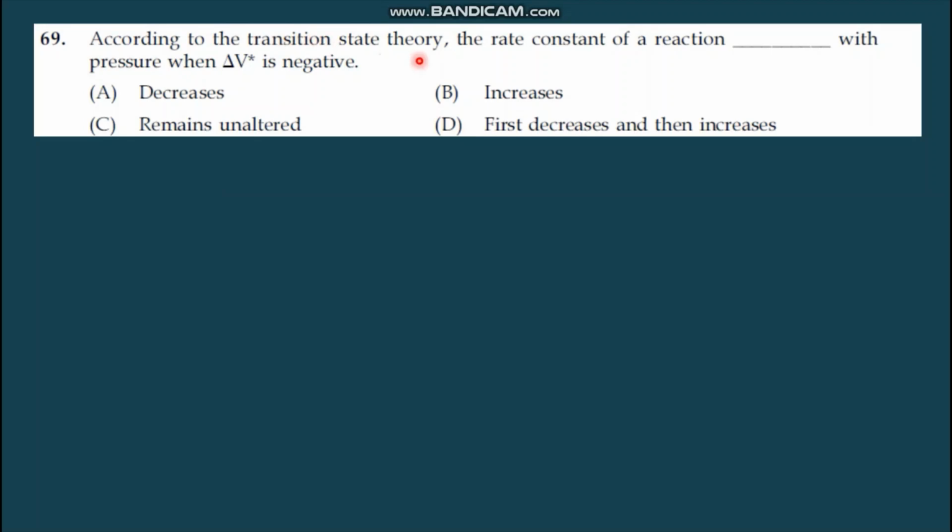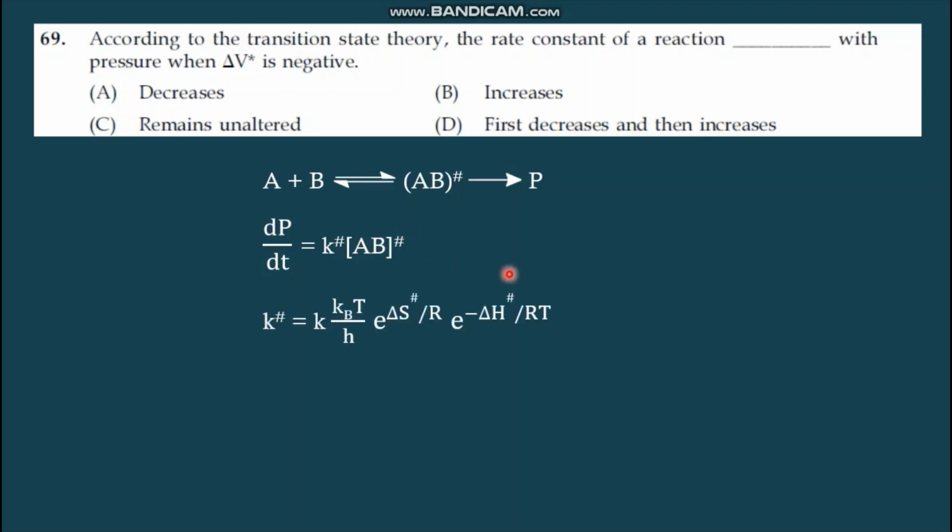Next question, according to the transition state theory, the rate constant of a reaction dash with pressure when delta V is negative. This is what transition state theory says. If A and B combine, they form a transition state, AB hash, and it will give the product. For that, rate equals dP by dt equal to K hash into AB hash, and we have an equation for K hash: kBT by h, e raised to delta S dagger by R, e raised to minus delta H dagger by RT.